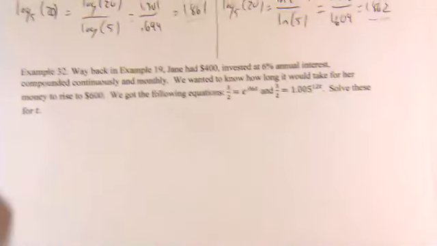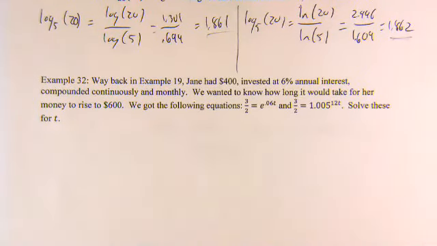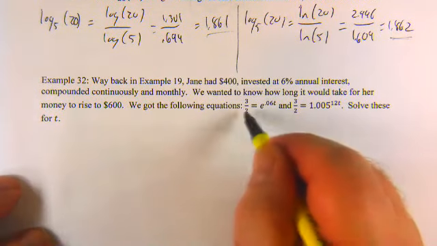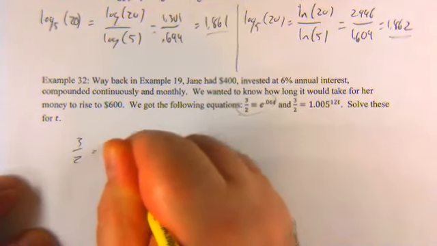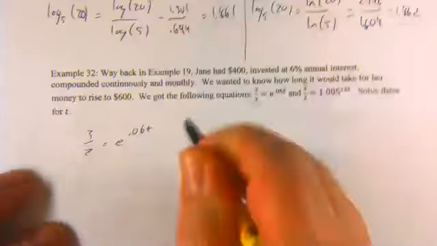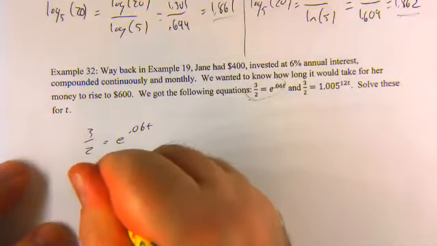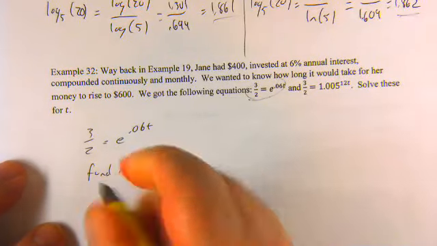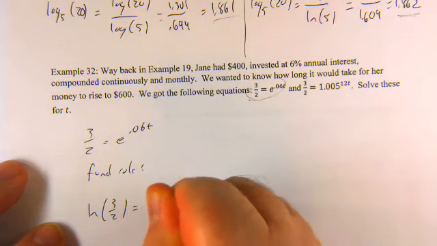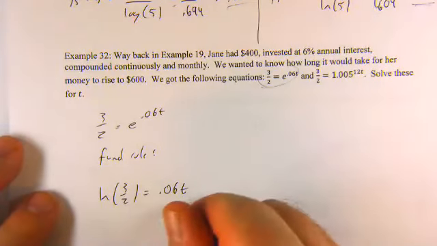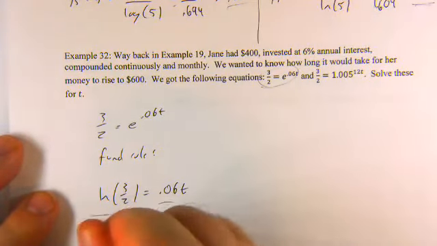So we're back in example 19. Jane had $400 invested at 6% annual interest, compounded continuously and monthly. We did solve this. This you can just use the fundamental rule to solve. And then divide both sides by 0.06.